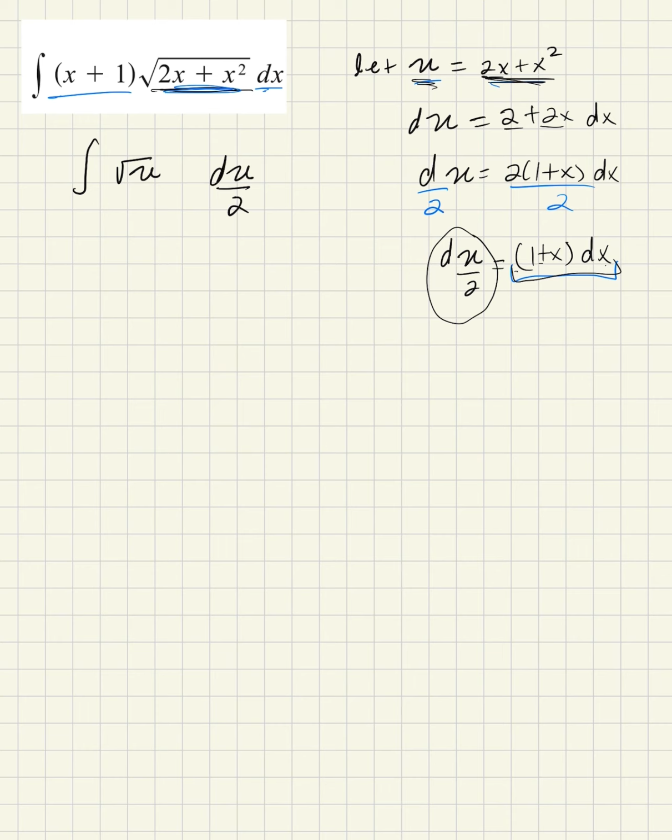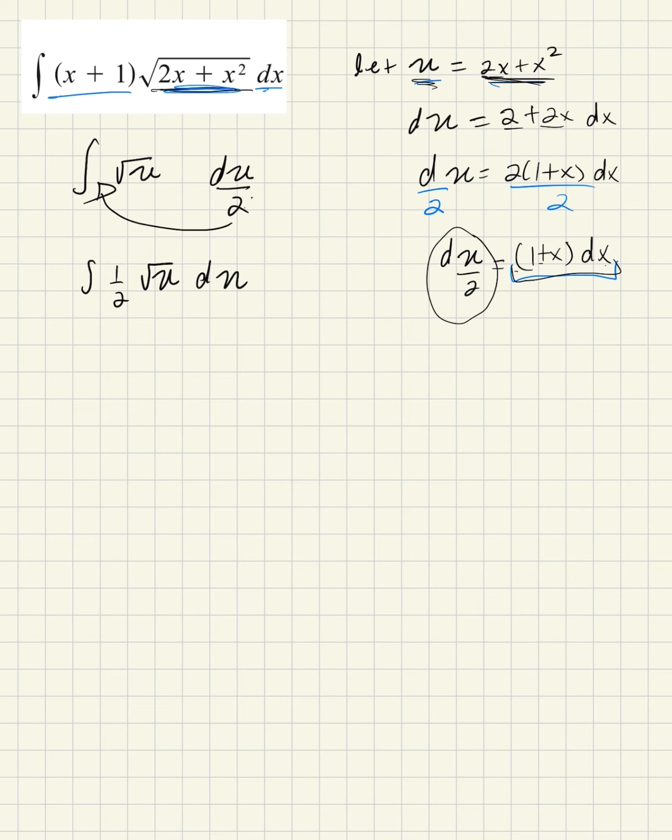Now, the reason I said that this is usually not written like that is because we tend to bring this 2 to the side, and we tend to put it on this side. So this is actually the integral of 1/2 square root of u du, okay?